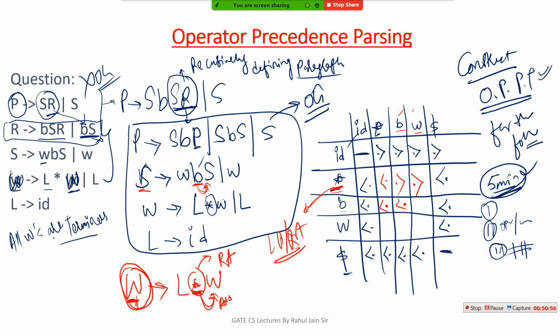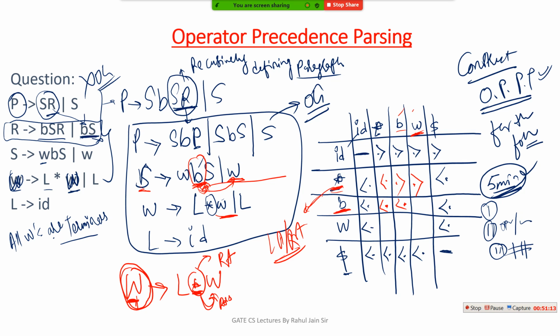Okay guys, now there is a great confusion I think you are facing: how to compare this B and W. So B is here and W is here. If we compare this B to this W, it will not result in anything.